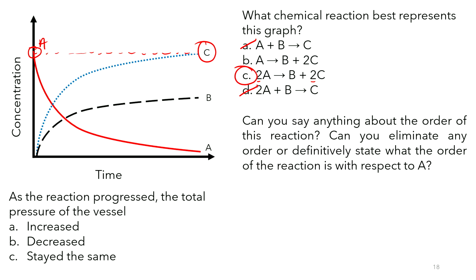That's C. And then my question for you: we know that A is our reactant. Do we know something about the order? Can I tell you that it's 0, first, or second, or can I eliminate any of those?